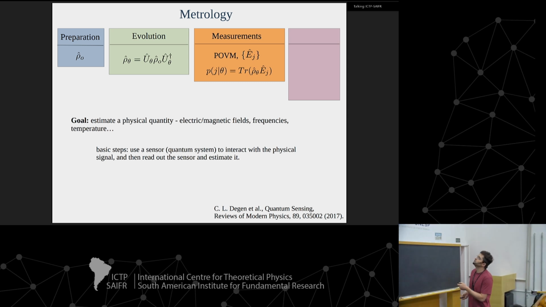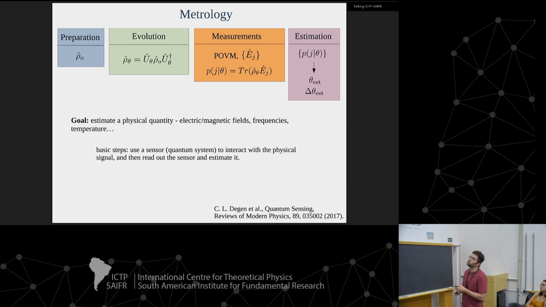You can choose some clever detectors, some clever observables of your system, and then you obtain the probabilities of these detectors to click. Then from these probability distributions, over many, many repetitions of your experiment, you try to decode the information that is implicit in there, and you obtain the estimated theta with the uncertainty of this parameter as well.